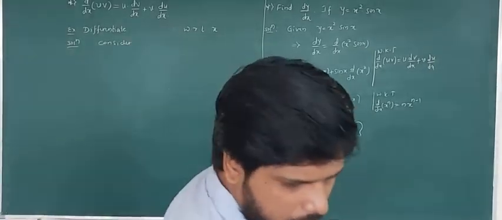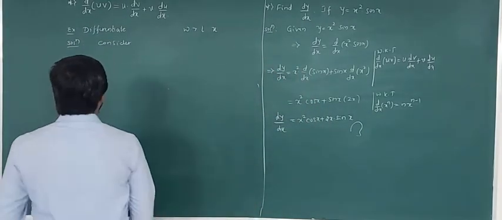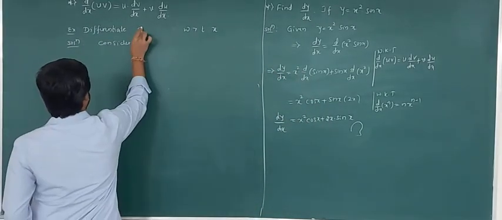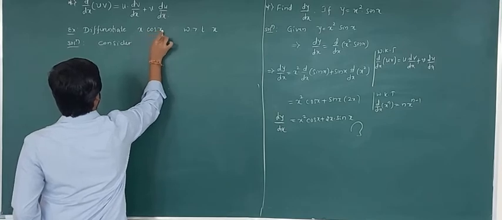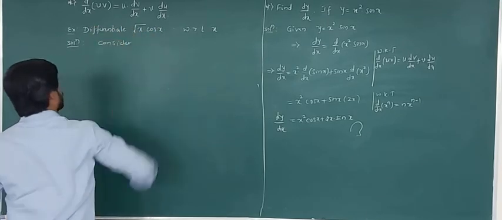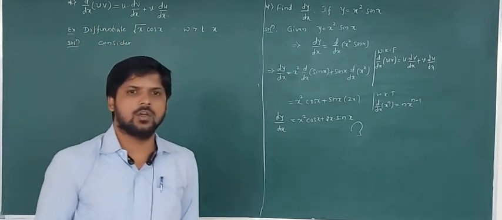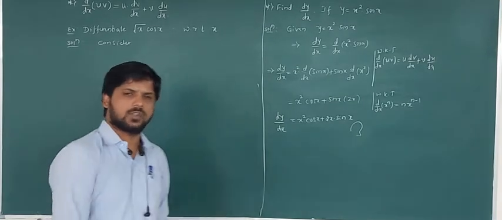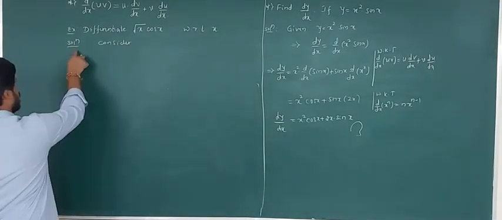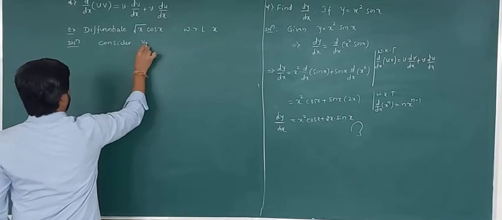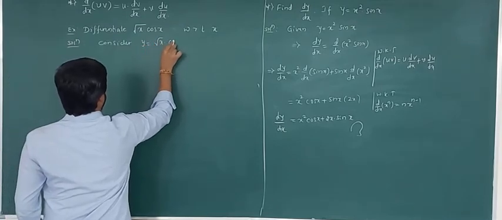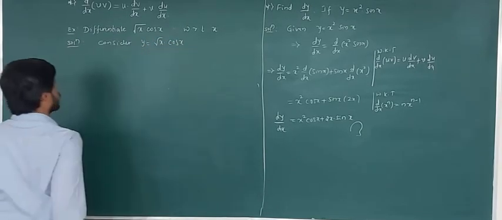Consider the next example, that is differentiate root x into cos x. Differentiate root x into cos x with respect to x. So consider y equal to root x into cos x.